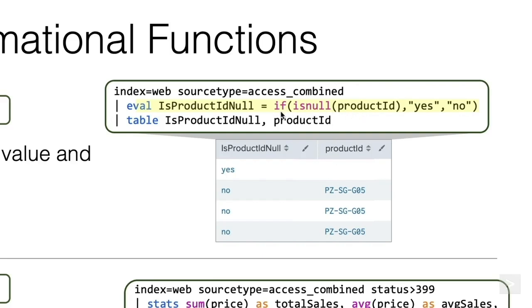In this if function, if the first argument, being a Boolean expression, returns true, we will take the second argument of yes. Otherwise, we'll take the third argument of no. We can see in this table here, there is no product ID in this event. Is product ID null? We'll take a value of yes, working off of this if function.